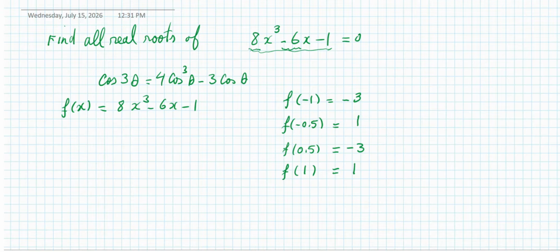Because f of x is a continuous function, it's a polynomial, every sign change indicates a root. So there is a root between minus 3 and 1, another root between 1 and minus 3, and another one between minus 3 and 1.